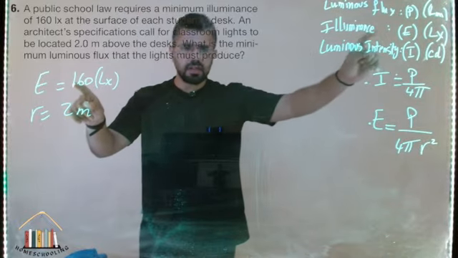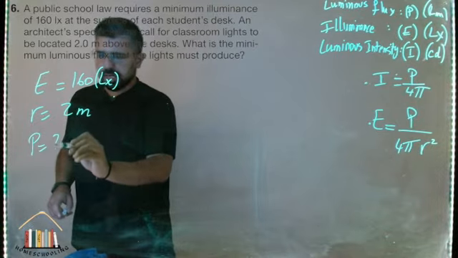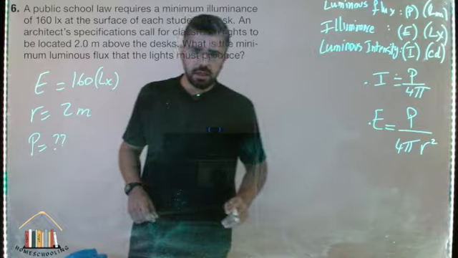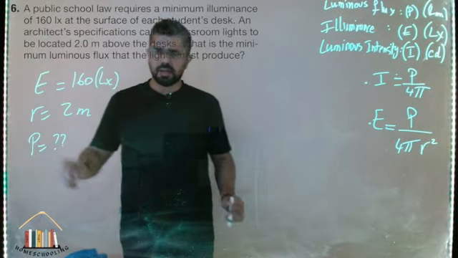Again, luminous flux is referred to as P. So P is the unknown, that the light must produce. So what equation combines all of these 3 parameters?